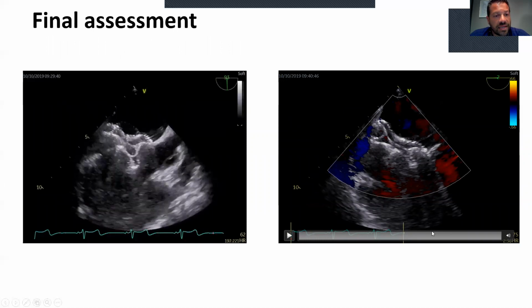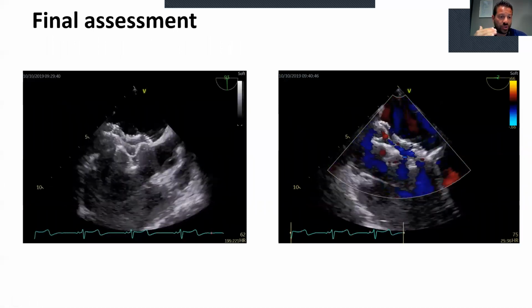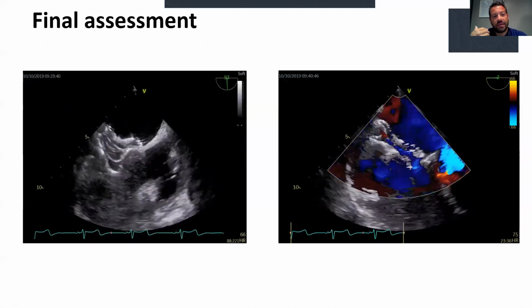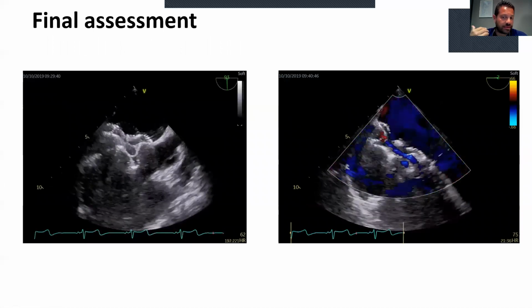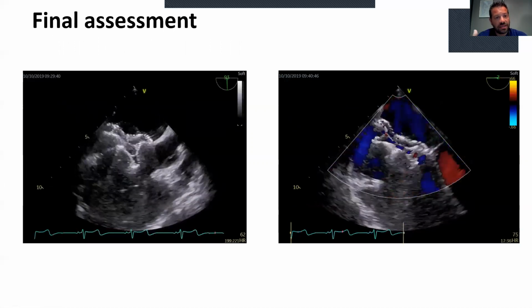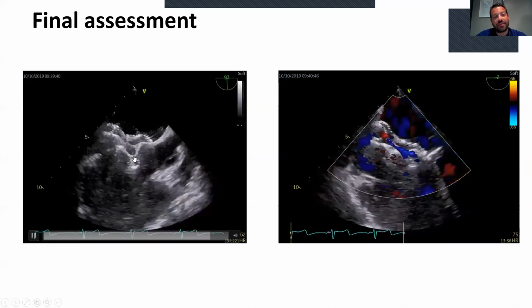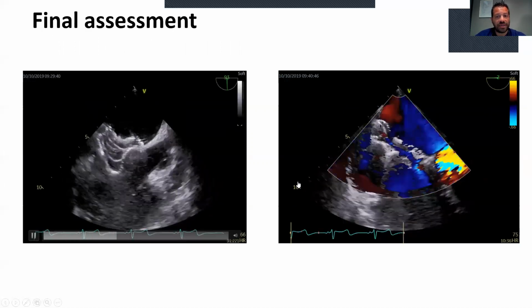So the next step is to visualize all the rims in between the two discs, and if we think that the device is very nicely situated, then the interventionist pulls back the right atrial disc in order to check the stability.